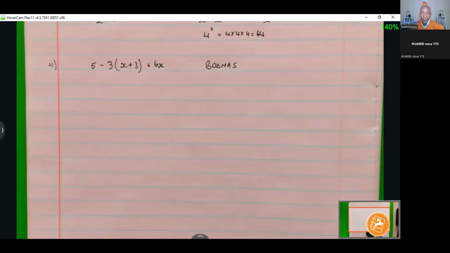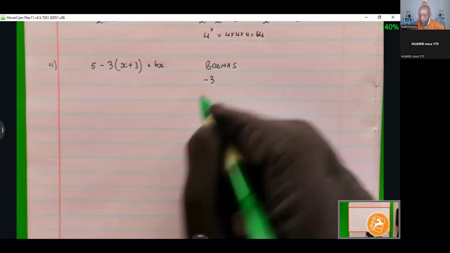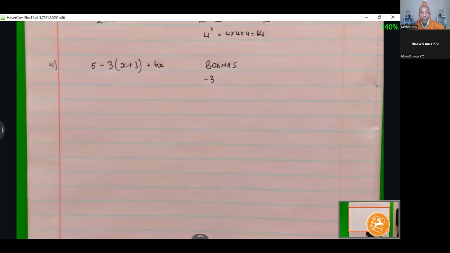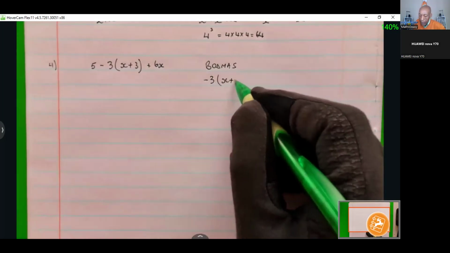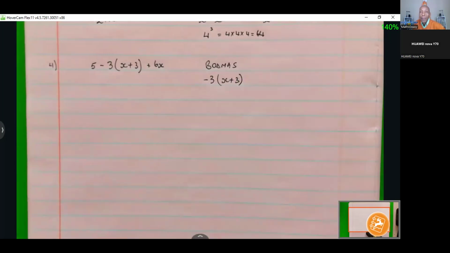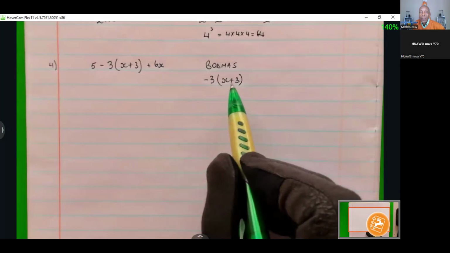We start with the brackets, isn't it? Yes. So in this bracket, what am I going to do? I am going to multiply each term by -3. So what will be the answer of this one?